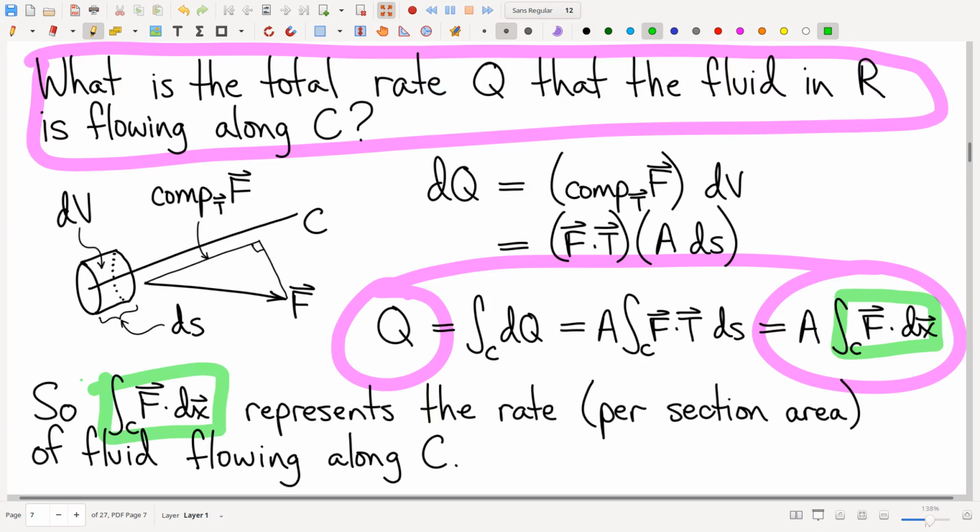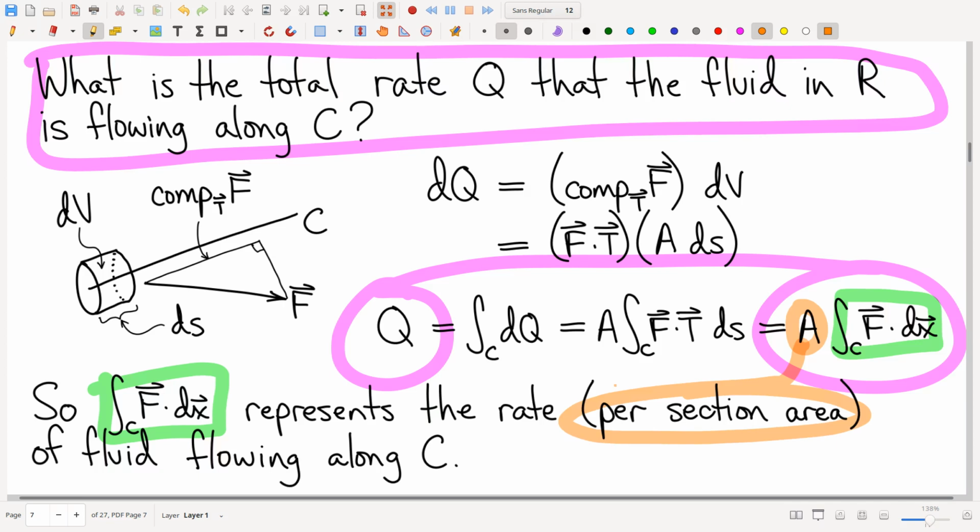Okay, now in order to be able to phrase an answer, so again, how do I interpret this vector line integral? I am going to try to get rid of this business with area here. Looking at the picture, the bigger the area, the more the fluid. That's sort of obvious. It's just directly proportional to area. So that not being the part of the answer that I'm really interested in, of course this is per unit area.